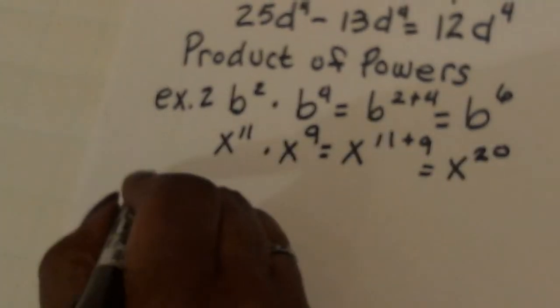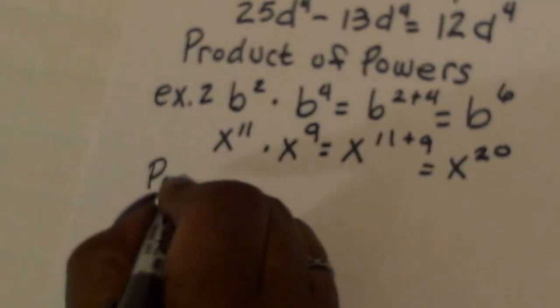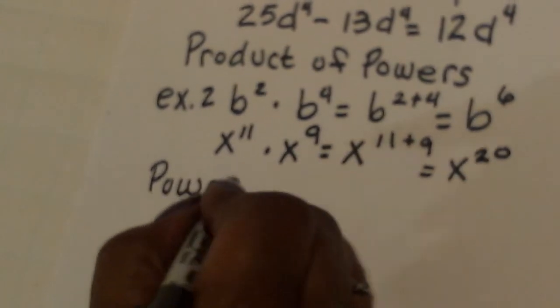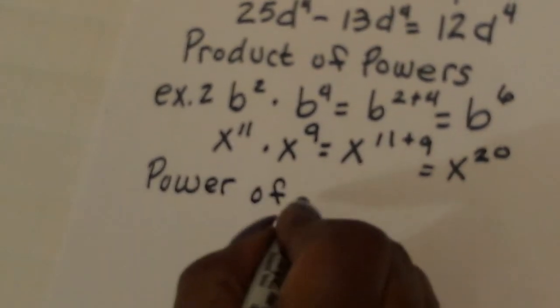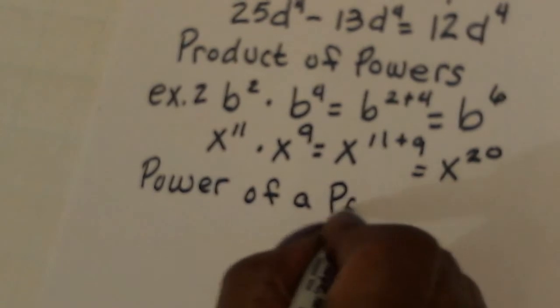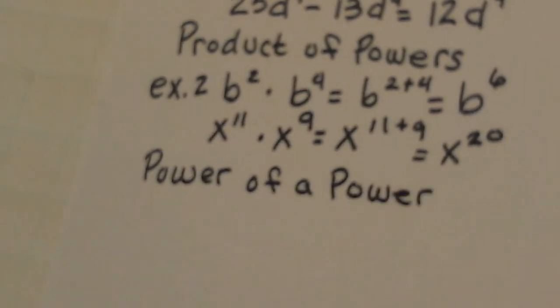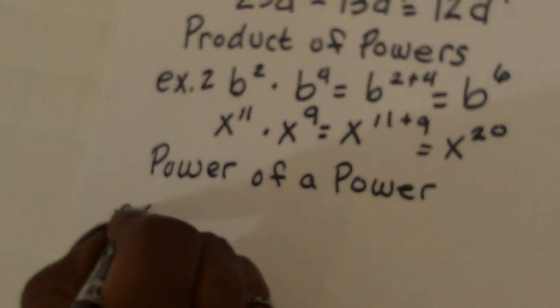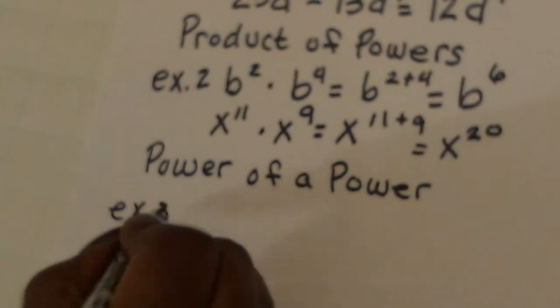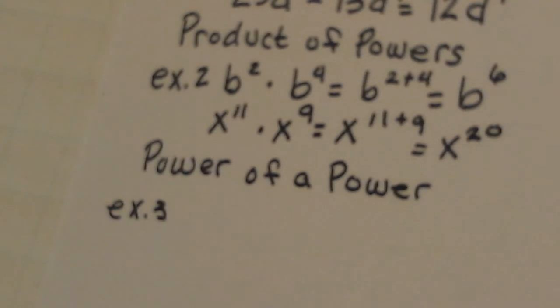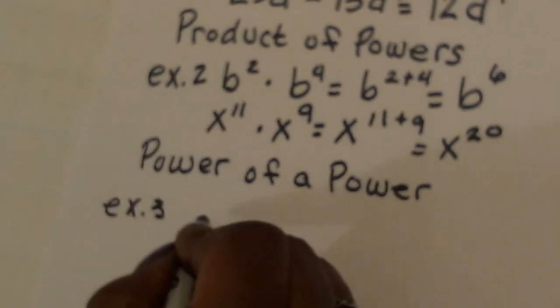The next thing I'm going to do is called the power of a power. This is example 3. Now, when raising a term with a power to another power, all you have to do is multiply the powers.